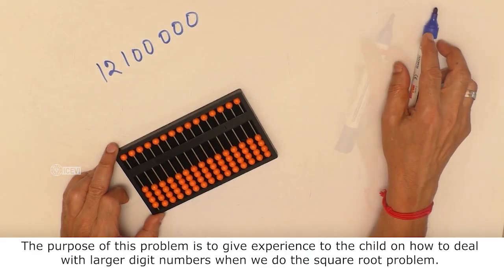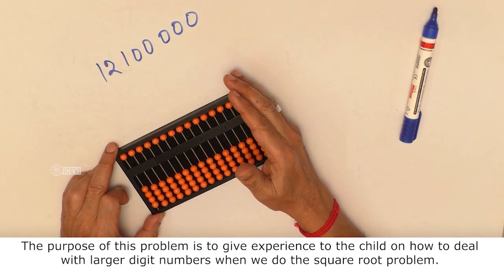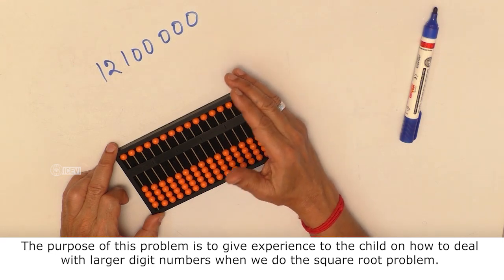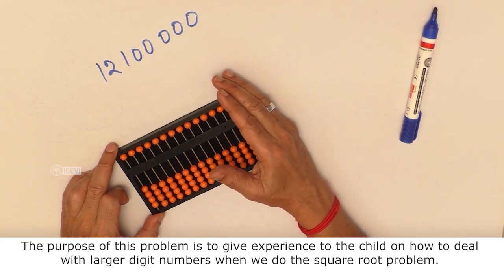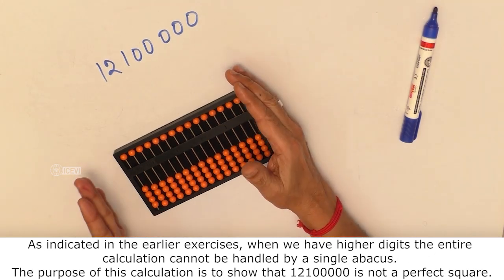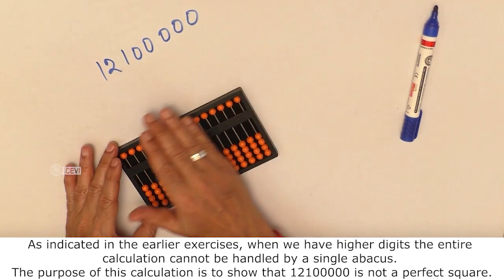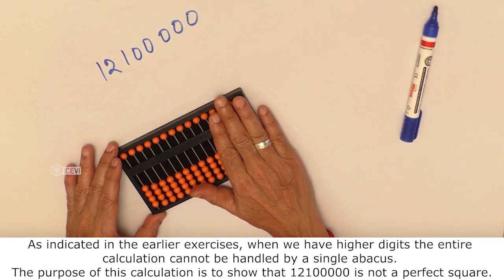The purpose of this problem is to give experience to the child on how to deal with larger digit numbers when we do the square root problem. As indicated in the earlier exercises, when we have higher digits, the entire calculation cannot be handled by a single abacus.